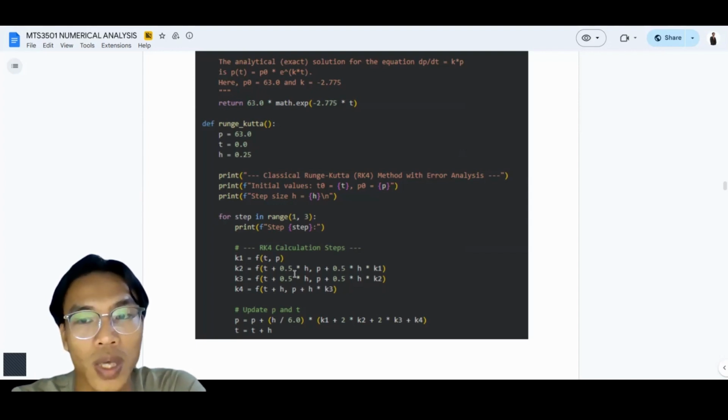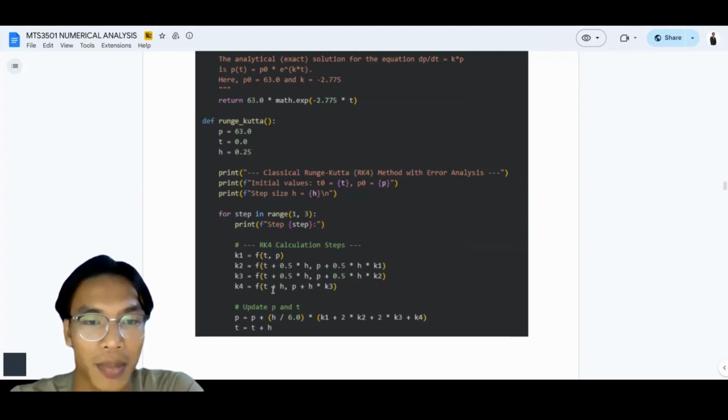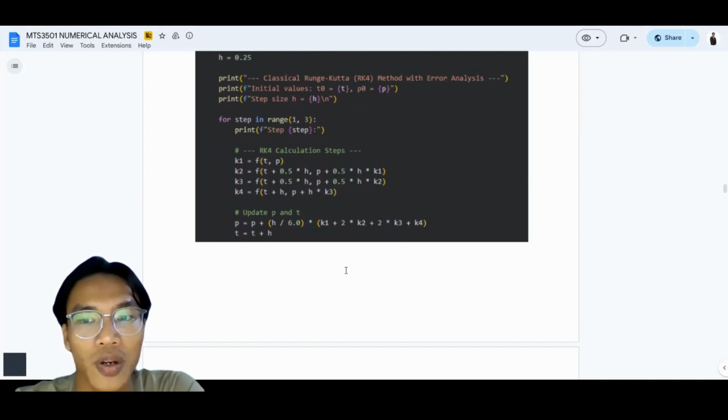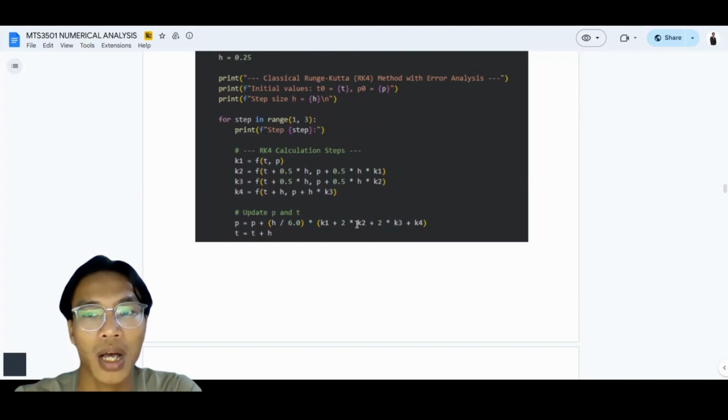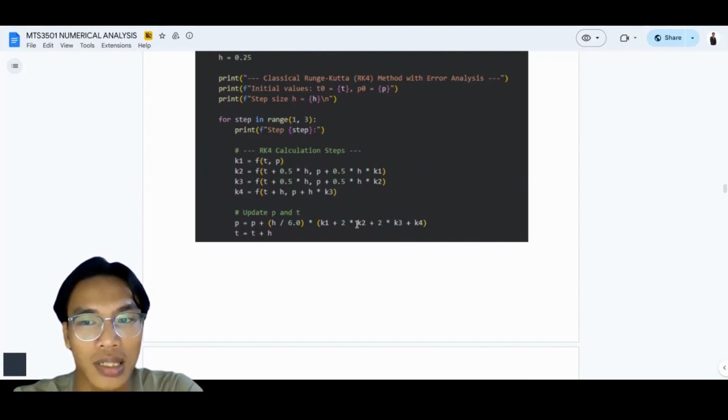Once we have these four slopes, we update the p value. The formula used is a weighted average, K1 plus 2K2 plus 2K3 plus K4, divided by 6. This average slope is multiplied by our sample interval h and added to our current p. This gives us the predicted vehicle count for the next time step.